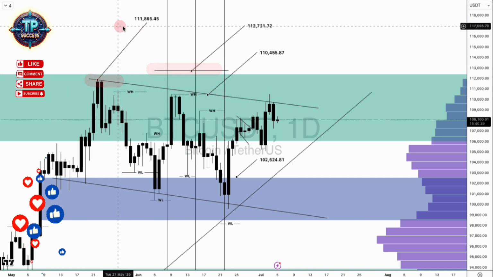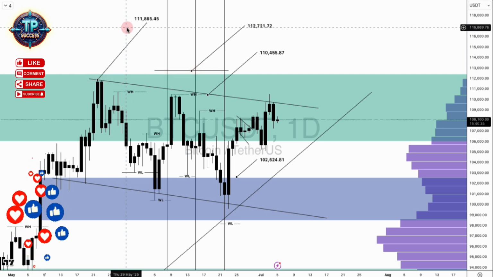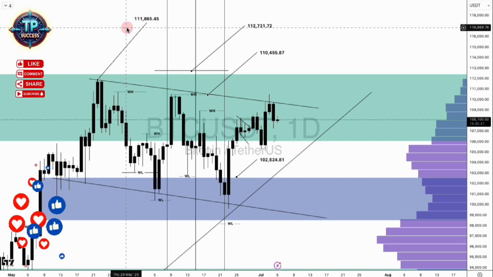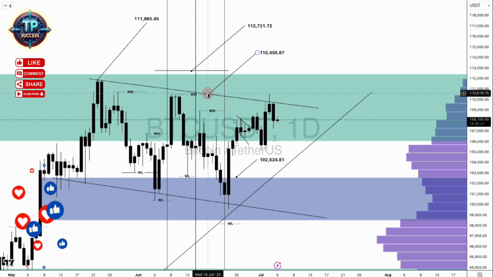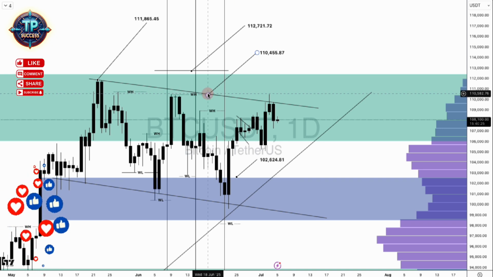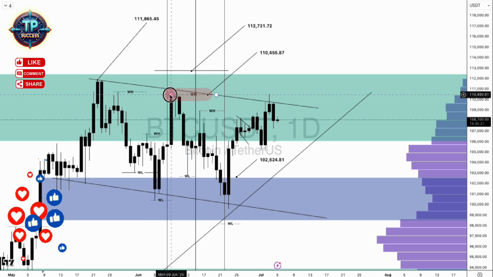And that is starting from the highest one, that would be 111,865.45, and then the lowest one is 110,455.87. That's this level right here, okay?